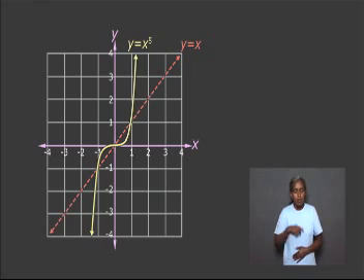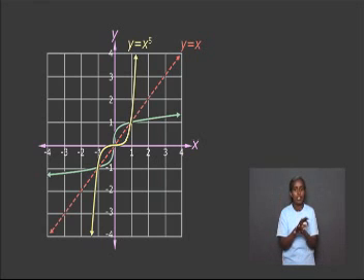We can use this line as a guide to find the inverse of the function. Here is the graph of the function's inverse. It appears as if the function is being reflected over f of x equals x to produce its inverse. Remember that the domain of a function is the range of its inverse, and the range of a function is the domain of its inverse.